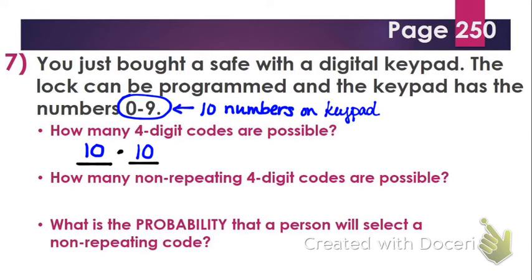But when I'm thinking about making up a code for my lock or for my safe, I can choose the same thing twice. What about for the third digit? 10. I still have 10 options. And for the fourth, 10. I still have 10 options. So if we were going to make up a 4-digit passcode, how many different ways could we do that? How many times are we multiplying 10 by itself? 4 times. So 10 to the 4th power.